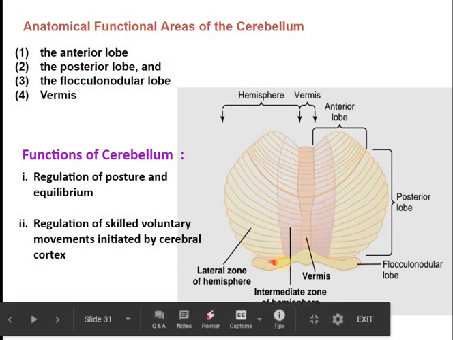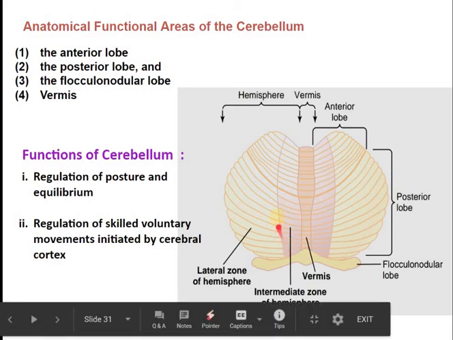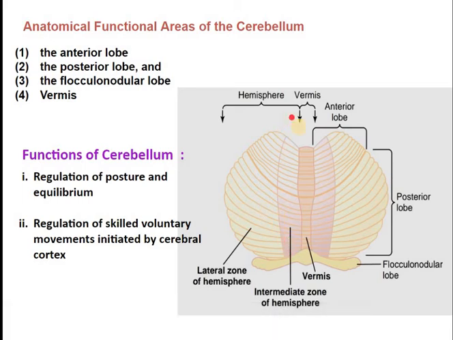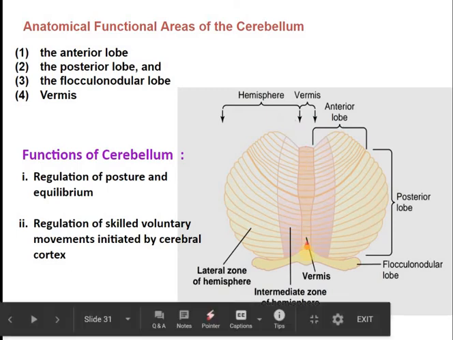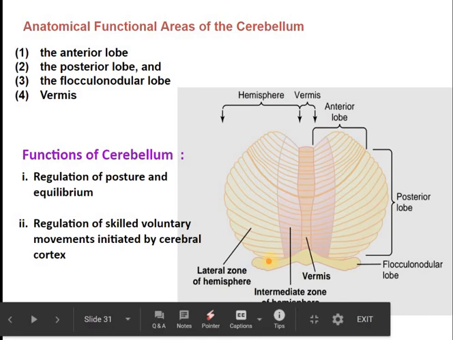Okay, so these two cerebellar hemispheres are again differentiated into two zones. That is, this is called the intermediate zone on both sides after the vermis, and this one is the lateral zone. The rest of the portion is the lateral zone.